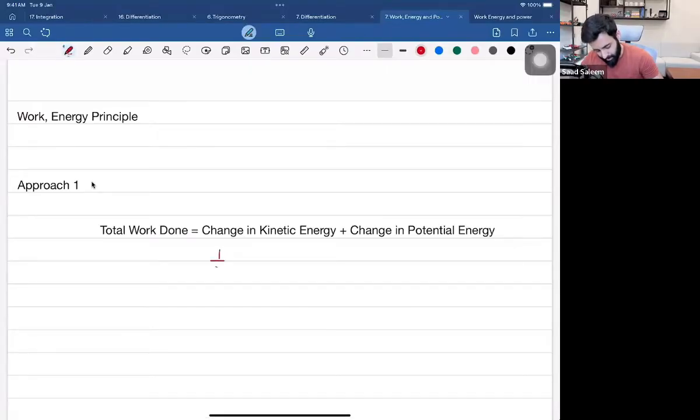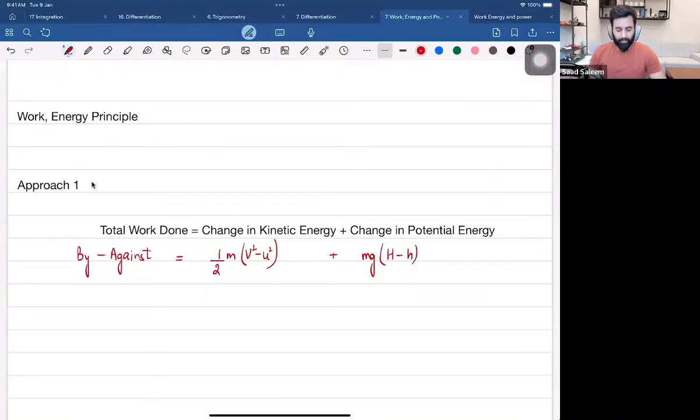It's half m into v squared minus u squared, that means the velocity after minus the velocity before. And the change in potential energy is mg times the height after minus the height before, meaning that if the object is moving from point A to point B, the height at the end minus the height initially. And this is equal to total work done, which means by minus against. So this is basically what the work energy principle is.